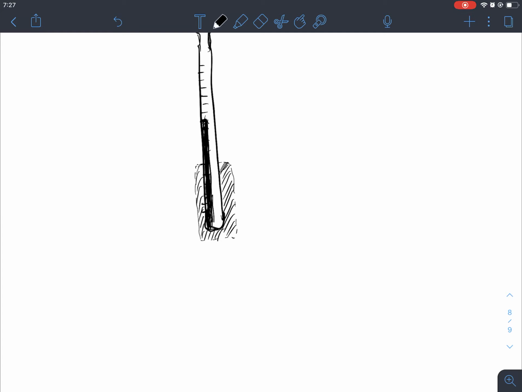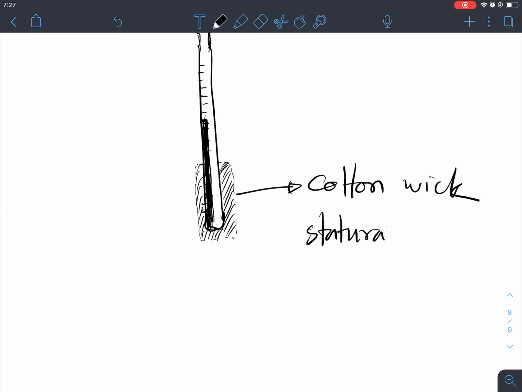If we cover it with a cotton wick saturated with water, then it will measure a temperature. That temperature is known as the wet bulb temperature.